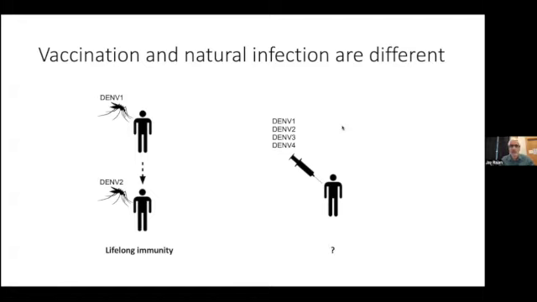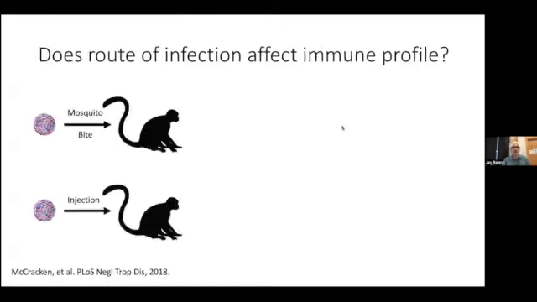We had some collaborators who really had the perfect set of samples to assess this, and we thought that PhIP-Seq could be a really useful way to dig into this question. Collaborators of ours at Walter Reed had infected rhesus macaques with dengue 1 by both mosquito and by subcutaneous injection.